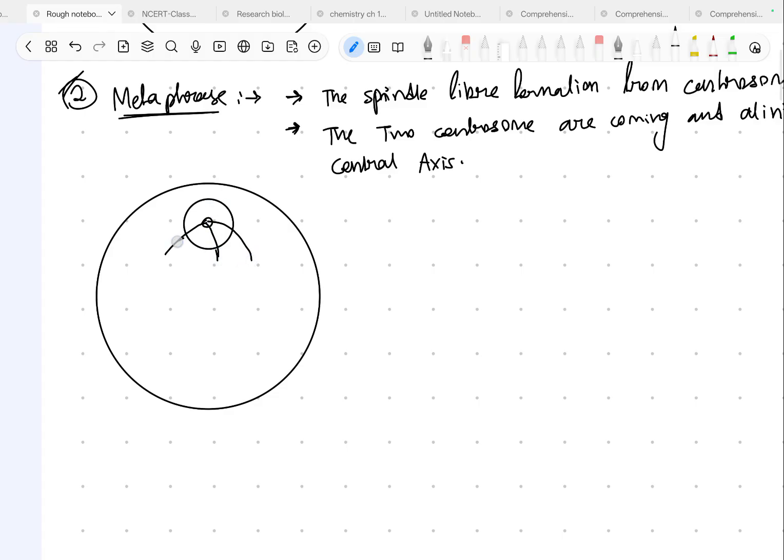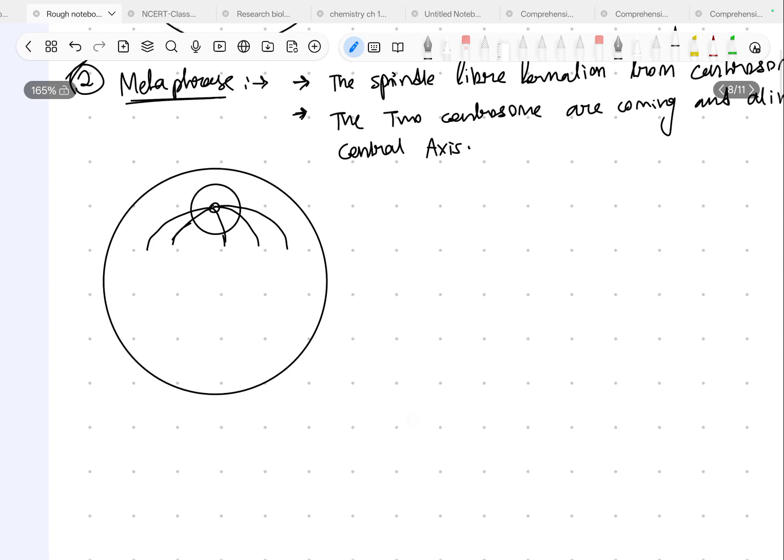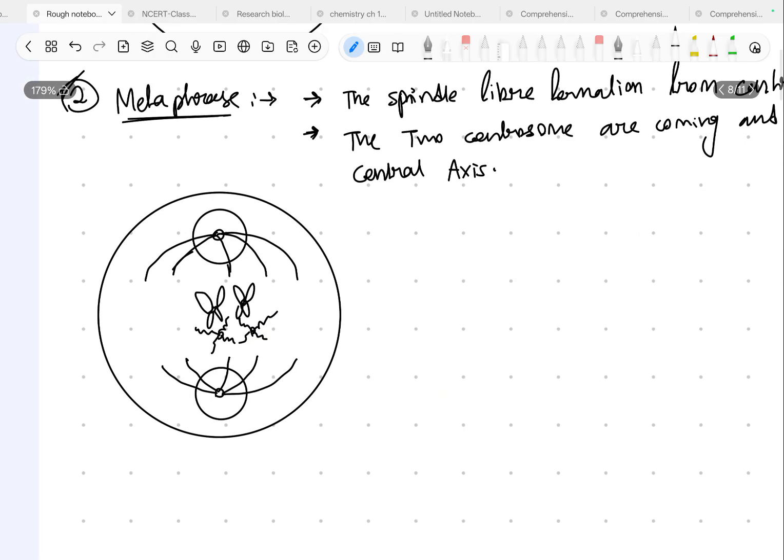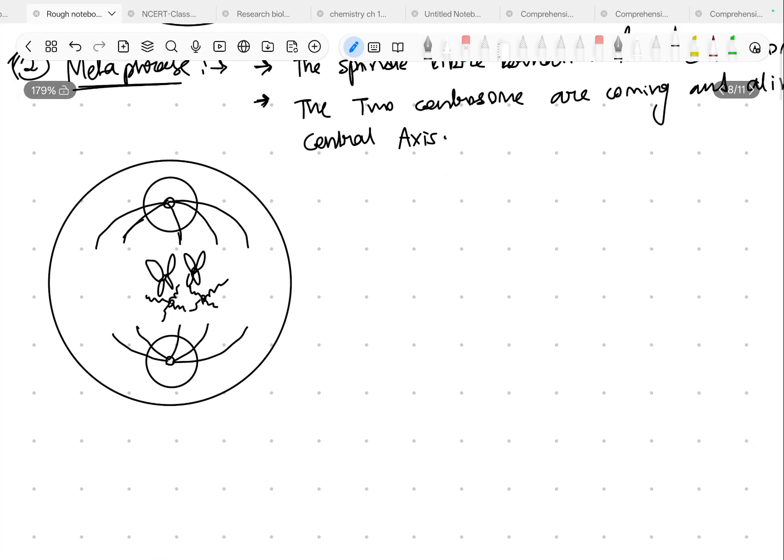And you will see the chromosomes here. Then what occurs in the chromosome?